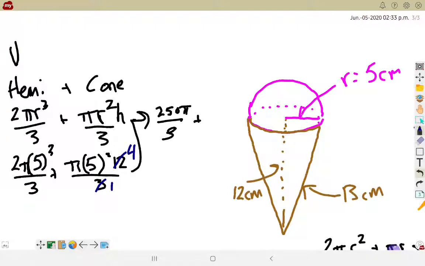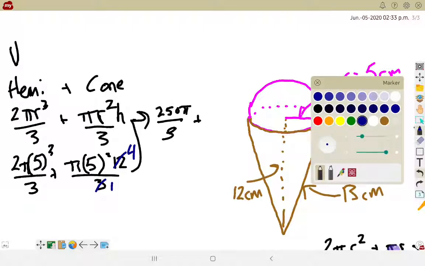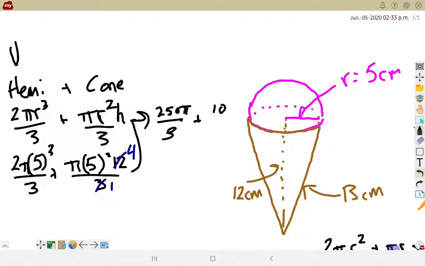So 25 times 4 gives me 100 pi. If I was to write that as a total, another way of rewriting 100 pi is 300 pi over 3. The reason I would do that is now I can write 550 pi over 3 altogether. Everything is nice and exact.